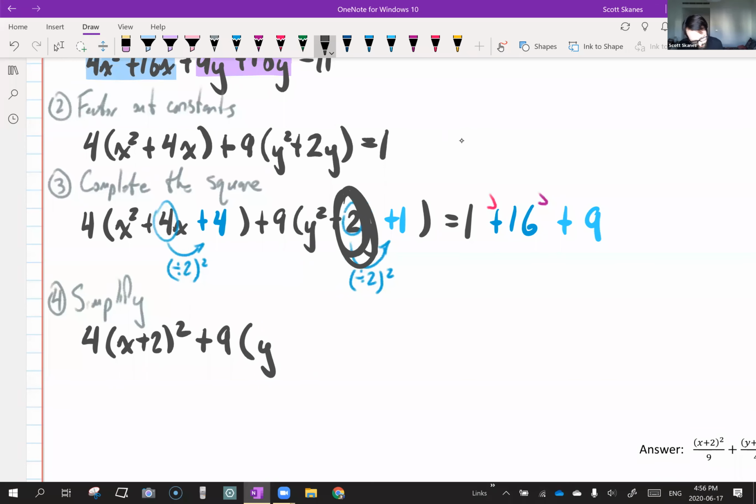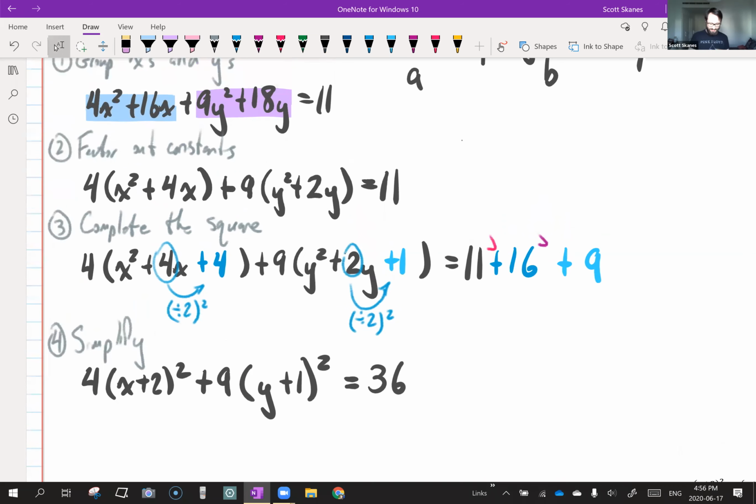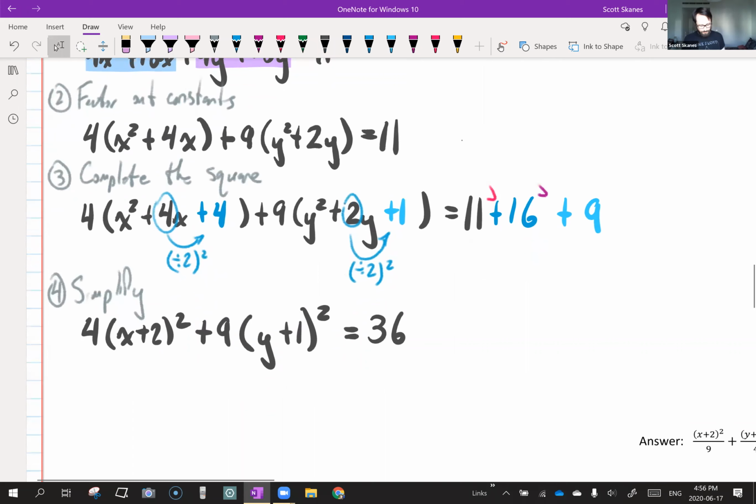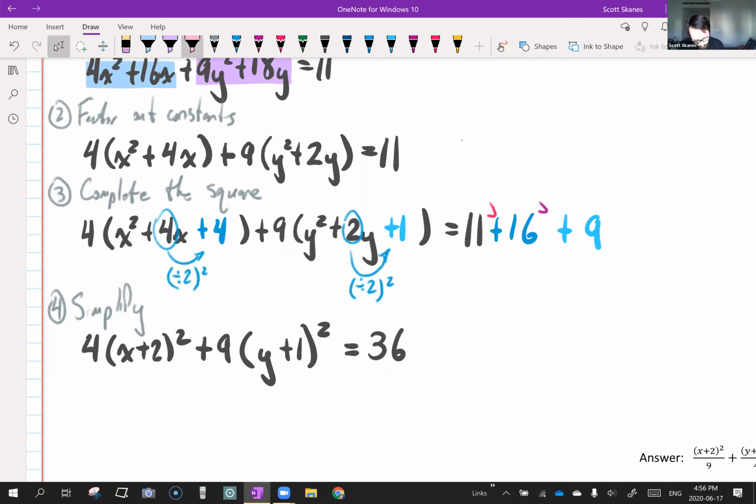Take this number divided by 2, it's a 1, so y plus 1, all squared, equals 1 plus 16 plus 9 gives 36. Wait. Yes, it's 11. I don't know how I got 1. It's 11. It's been a long term. The right side has been 11 this whole time. I think I was just focusing on something else.